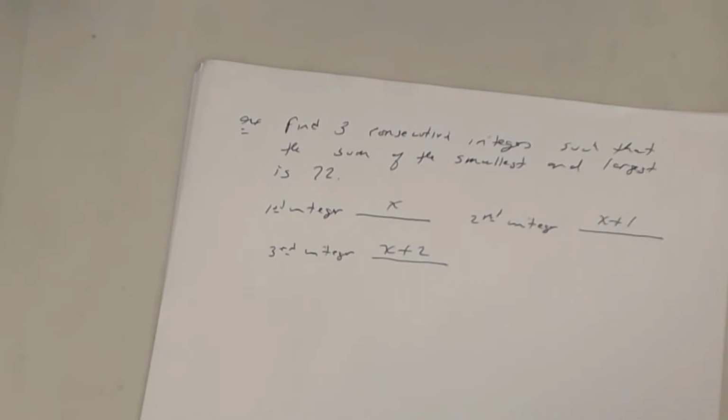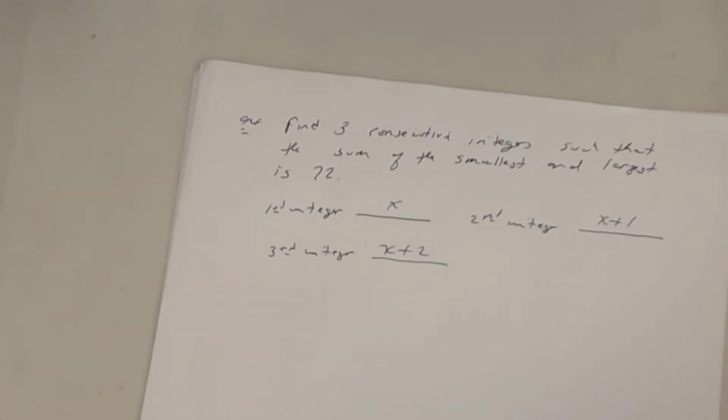All right, now let's set up the equation. So she says she's going to add them all up and set it equal to 72. Is that correct? No, that's not what it says. It does not say that the sum of the 3 consecutive integers is 72. What does it say? The smallest plus the largest added together is 72. So what's the smallest of all of those? The first integer.